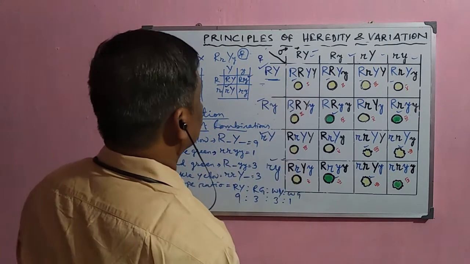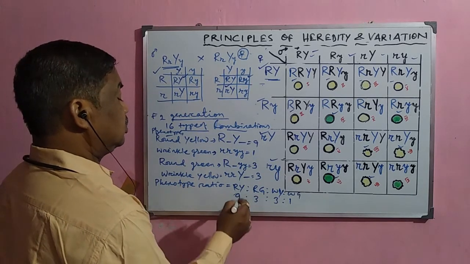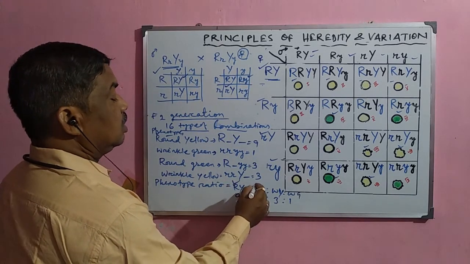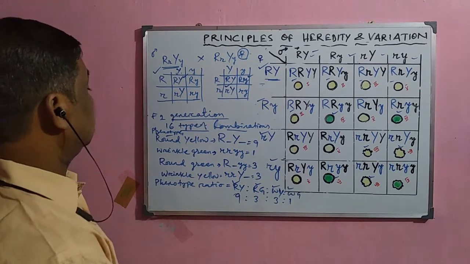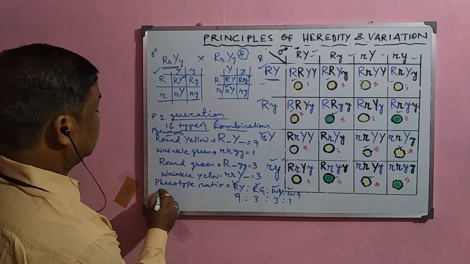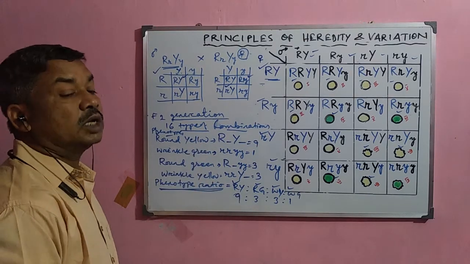This ratio of 9 to 3 to 3 to 1 of round yellow, round green, wrinkled yellow, and wrinkled green is called the phenotype ratio of the dihybrid cross experiment.